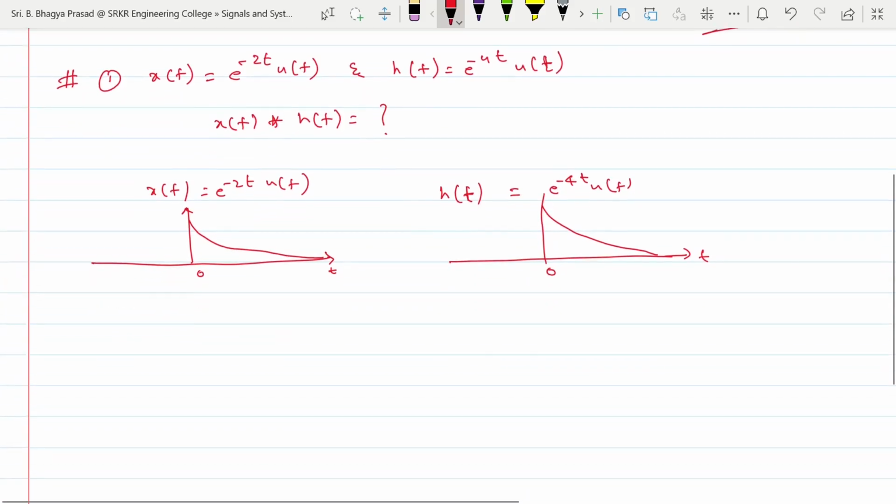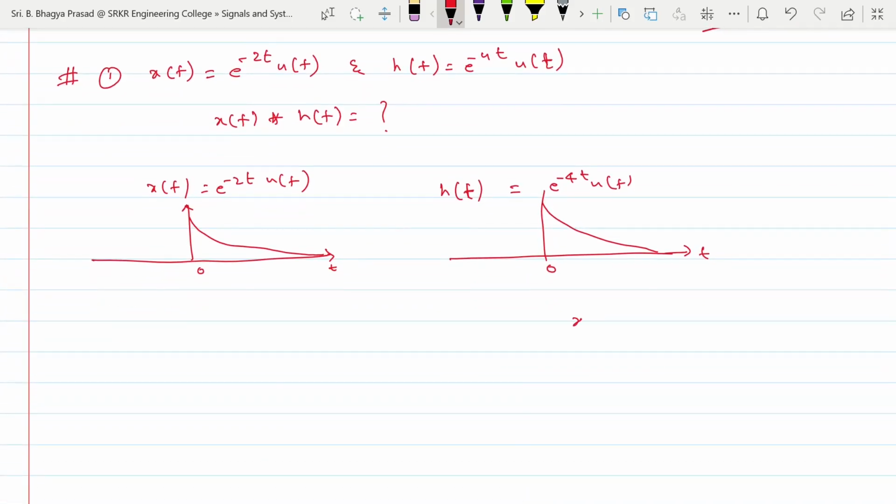So according to the expression of the convolution, x convolved with h is the integral from minus infinity to infinity of x of tau h of t minus tau d tau. So let us change the axis and the representation of these signals. x of tau equals e power minus 2 tau u of tau, and h of tau is e power minus 4 tau u of tau.